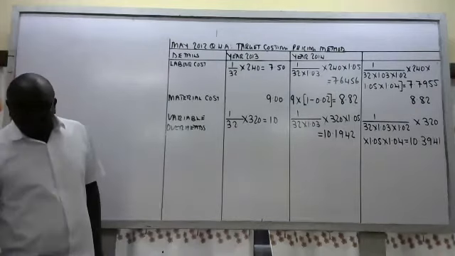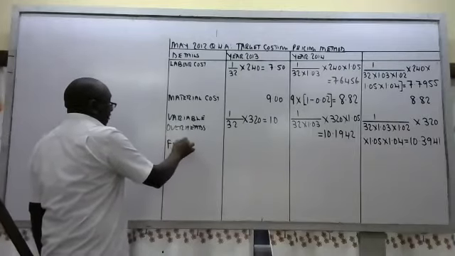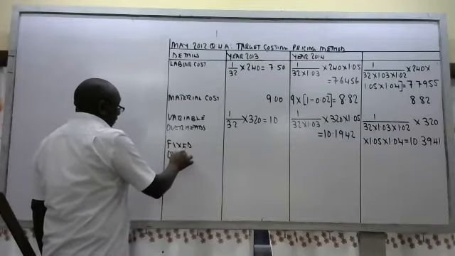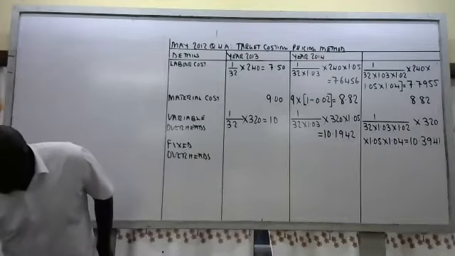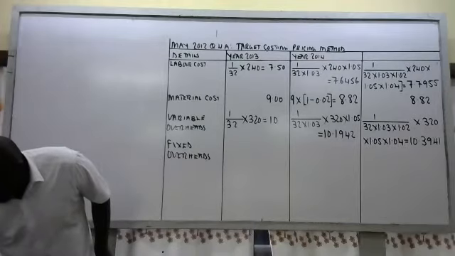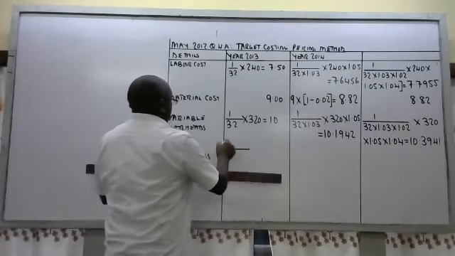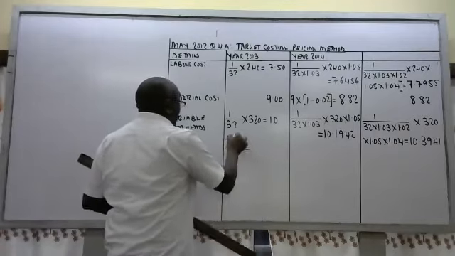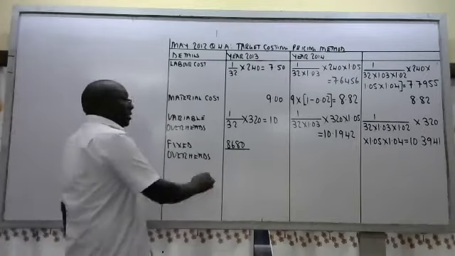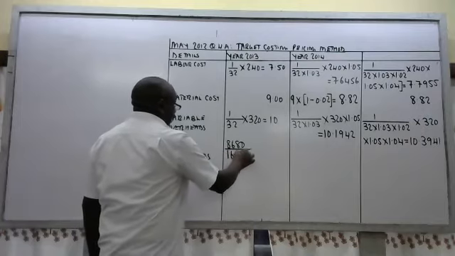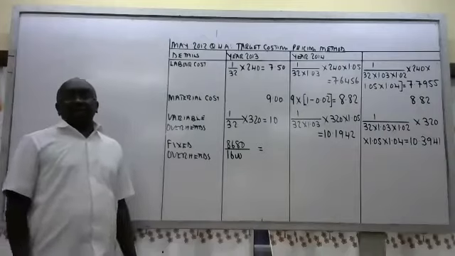So what you do, you take the amount which is given as 8680 and divide by the number of units which are up there, 1600. That will tell you the cost per unit.